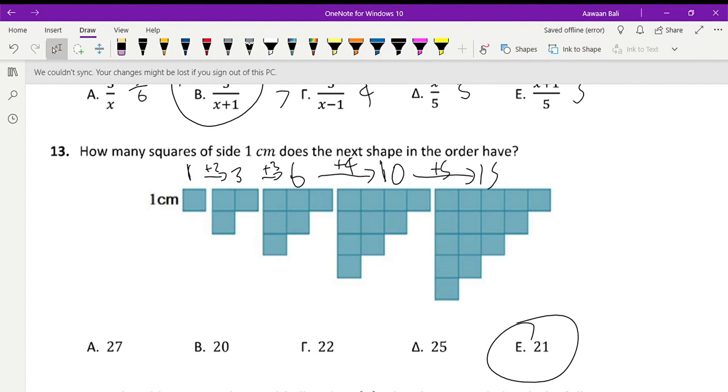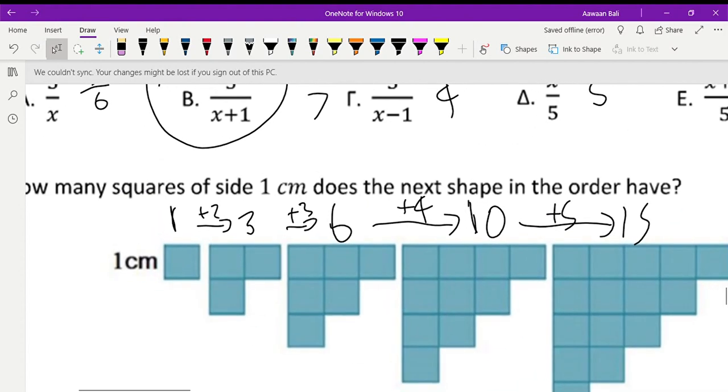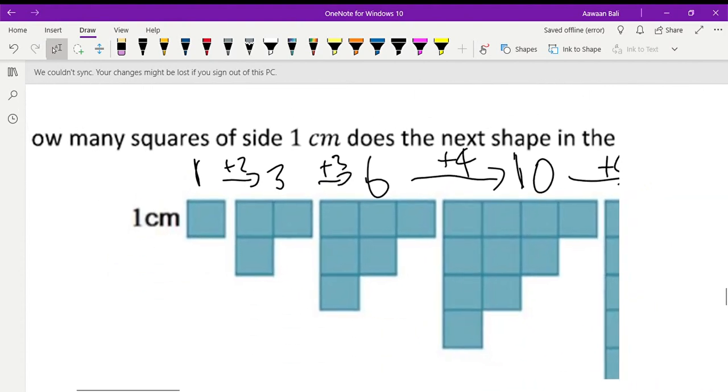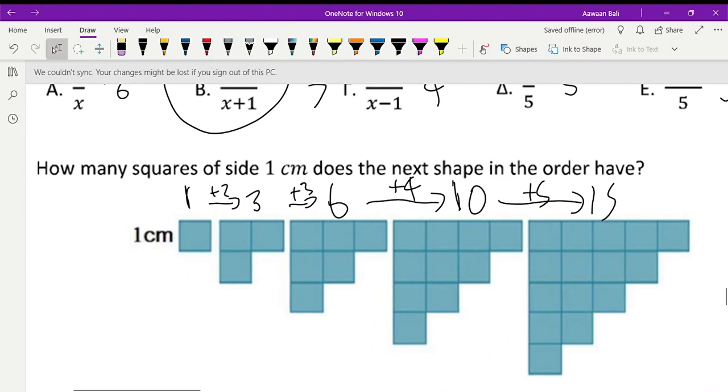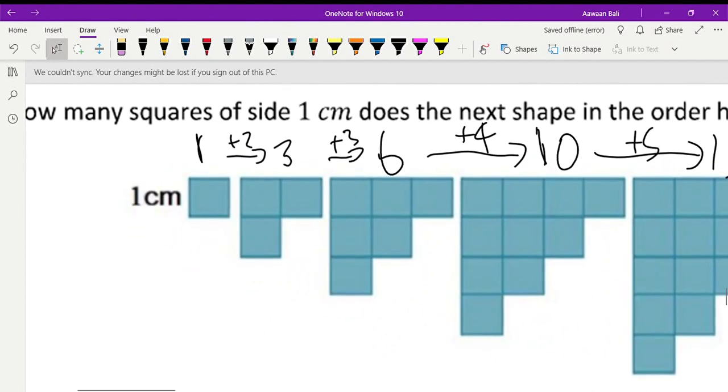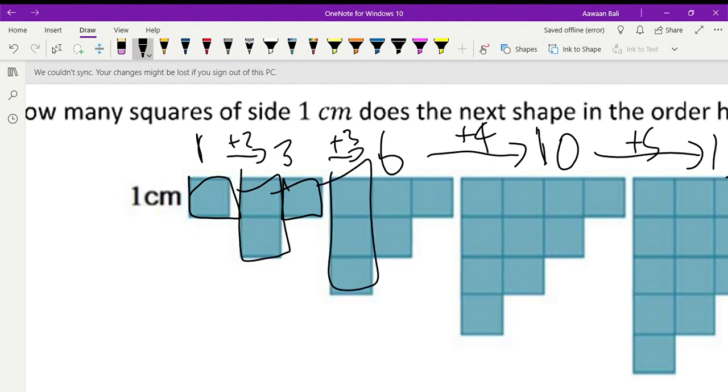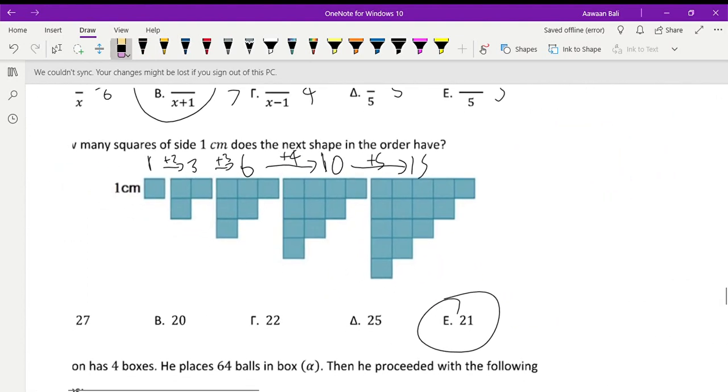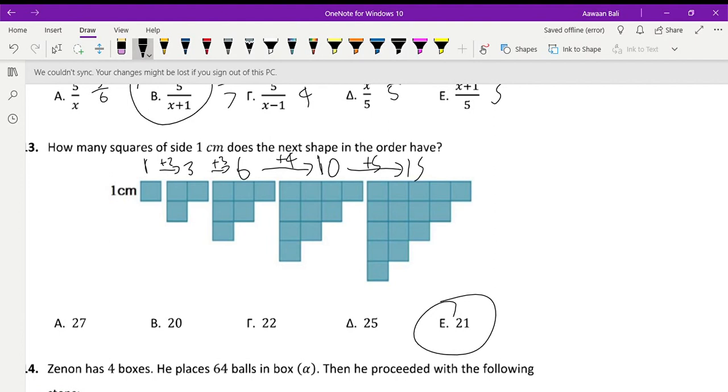It's a geometric sequence, which means that the differences change according to a certain rule sometimes. So here the rule is that the difference is increasing by 1 each time. And you can see that by look, after you have the square, you add a column of 2 squares, then add a column of 3 squares, then 4, then 5. Makes sense, right? So now it says, how many squares of side 1 centimeter does the next shape in the order have?